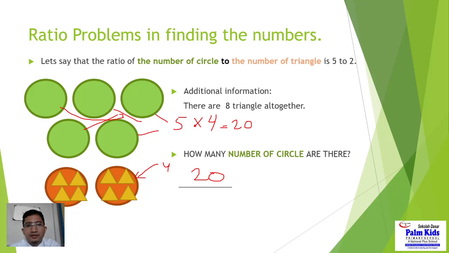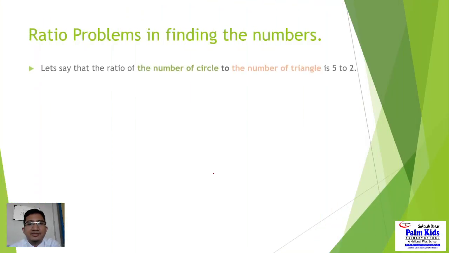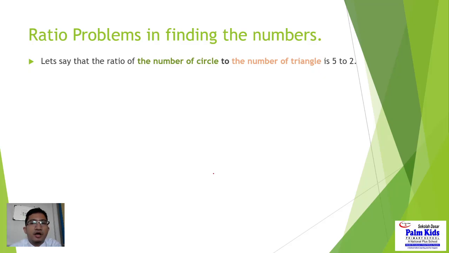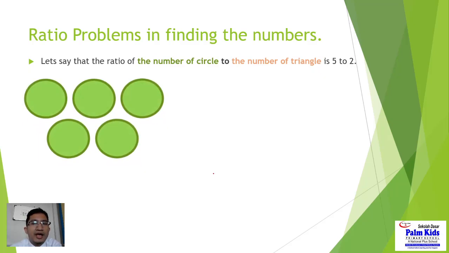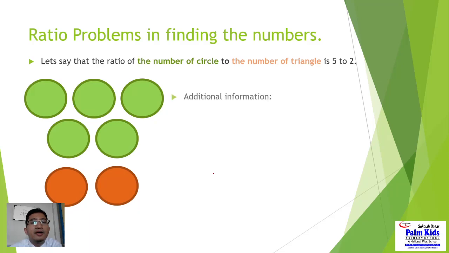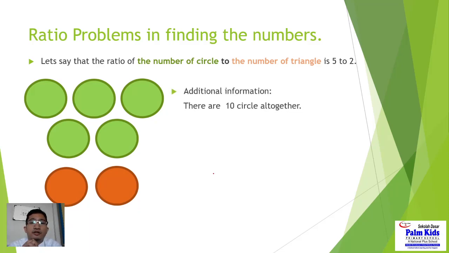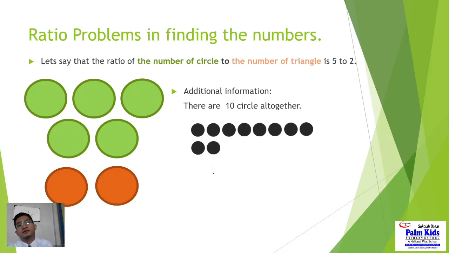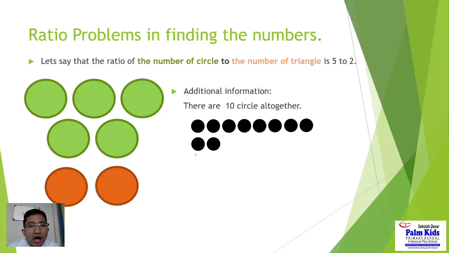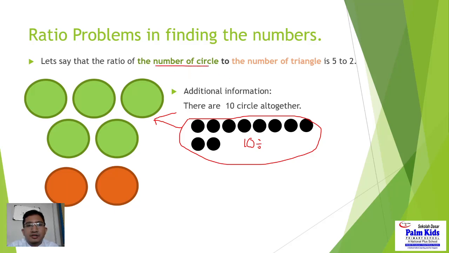Okay, class? Now, let's have the same kind of problem, but now the given number is not the triangles that we had. What we have is the circles. There are 10 circles now, altogether. So you picture there are 10 circles, and then how do you fit all of these 10 circles equally into these parts of the ratio? So you divide 10 by the ratio of circles, which is 5.